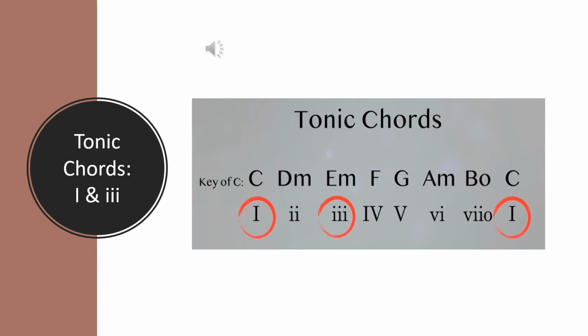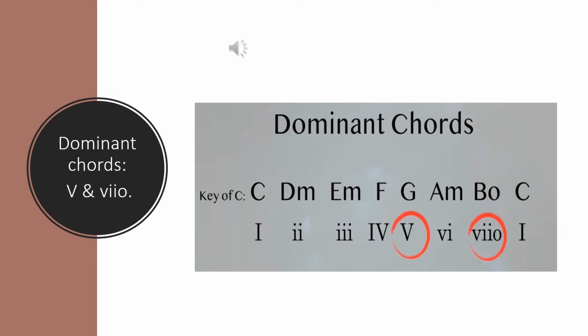So how do we know which chords go together? The way it works is that we have tonic chords, which are the 1 and the 3 chords, and it's just like the home base. Then we have subdominant and dominant chords. Dominant chords are the 5 and the 7.